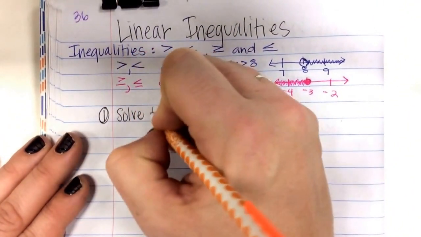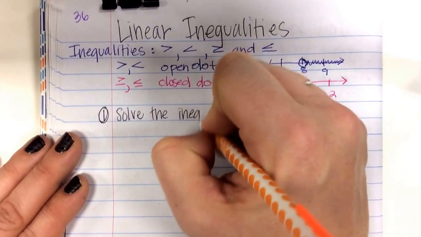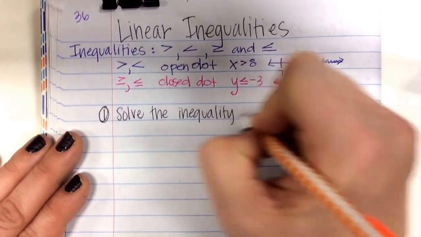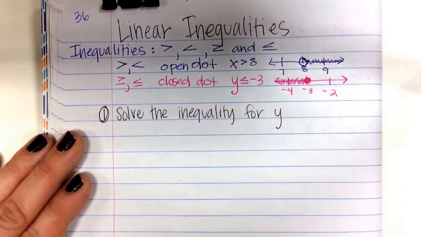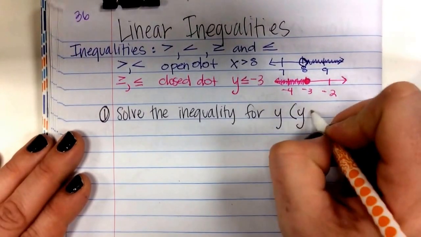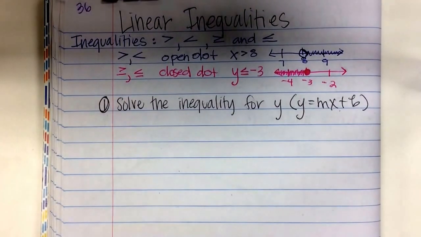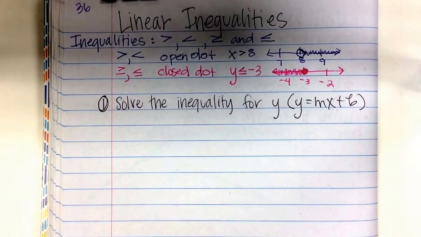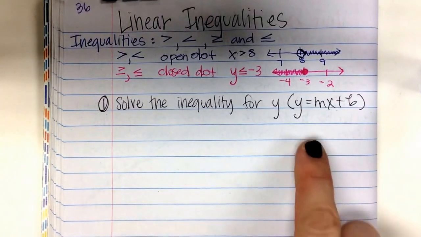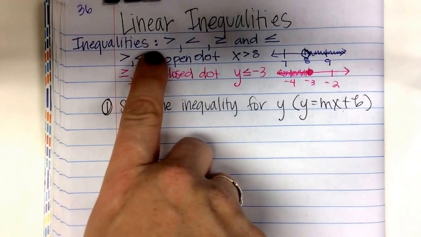You need to solve the inequality for y. It needs to be y equals mx plus b form, because you're going to have to graph it. But instead of an equal sign, it's going to have one of these inequalities.